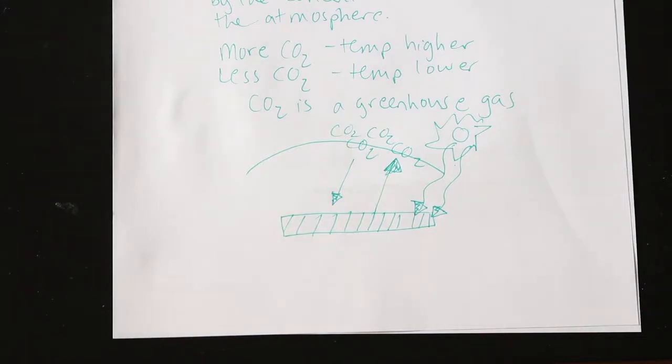It also explains why scientists are concerned with fossil fuels, because whenever we burn fossil fuels like natural gas, it's going to release carbon dioxide, which absorbs the infrared radiation being reflected from the surface of the Earth and reflects it back down onto the surface. It'll prevent it from being cast back out into space. That's why CO2 influences the temperature of the surface of the Earth.